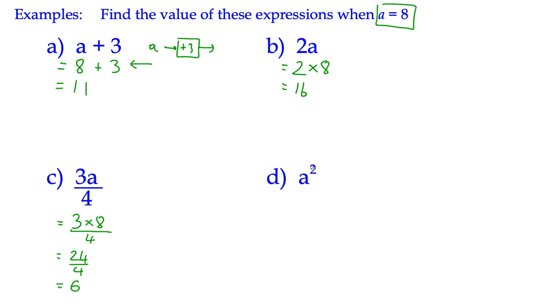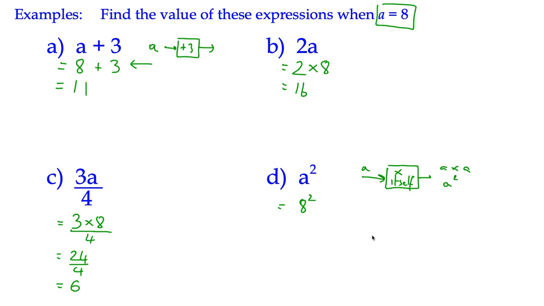And in D, we've got the expression a squared. Well, we saw back on the previous page that the square one would be a, basically multiplied by itself. Okay, so that would be a multiplied by a, or a squared. So all we need to do when we simplify or substitute, a squared is a is 8.